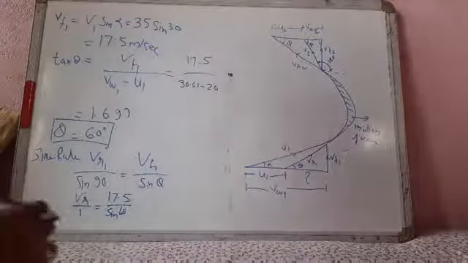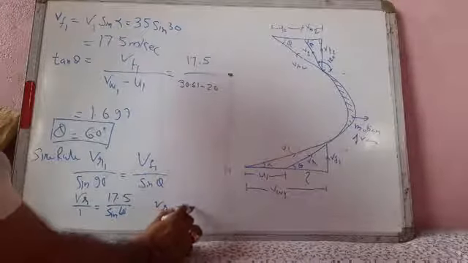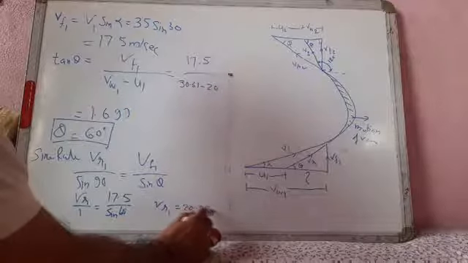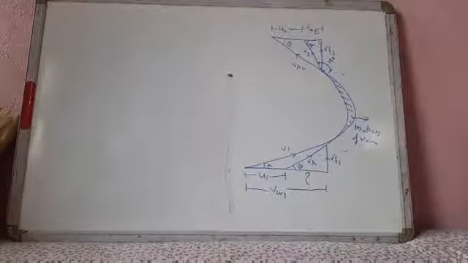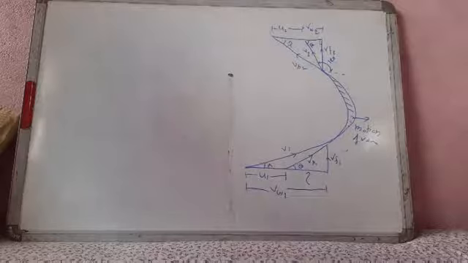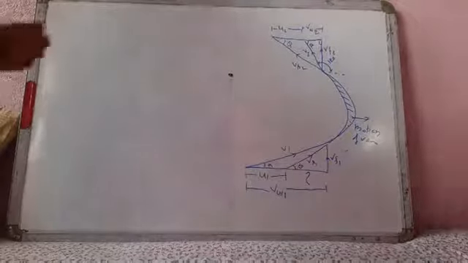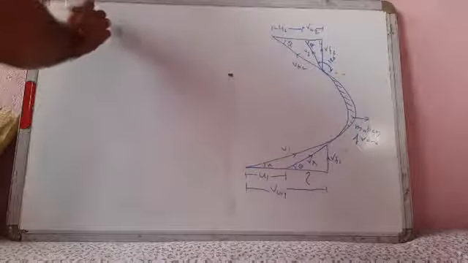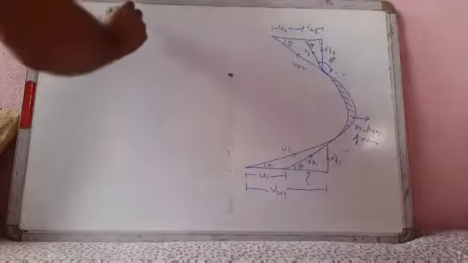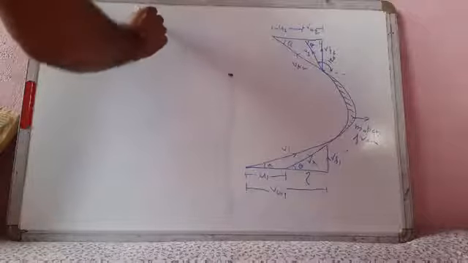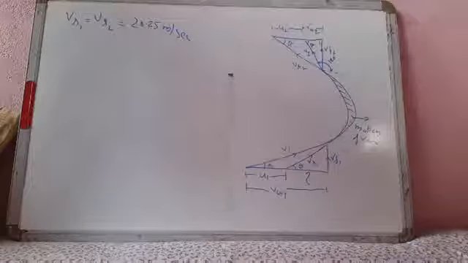So here the value of VR1 comes 20.25 meter per second. As the water enters and leaves without shock, this VR1 equal to VR2, which is equal to 20.25 meter per second. Same values are here, 20.25.